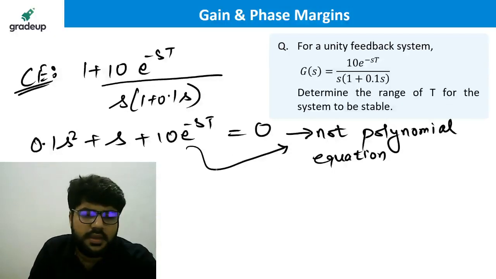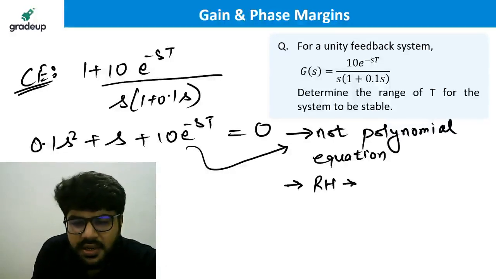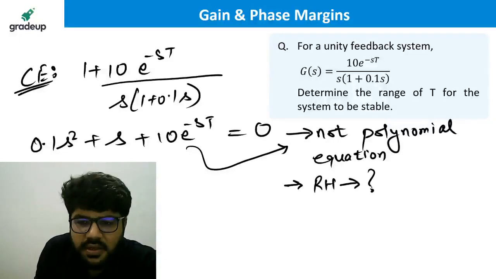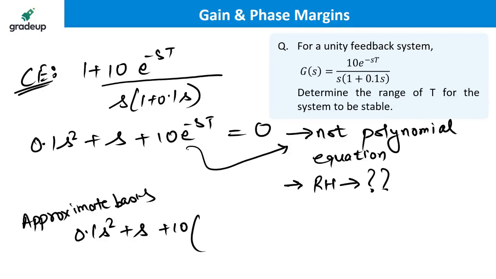Even if you try to apply RH, you can apply it only on an approximate basis. On an approximate basis, you will write down 0.1 s square plus s plus 10, and take e power minus st by the Taylor form: 1 minus st plus s square t square by 2.